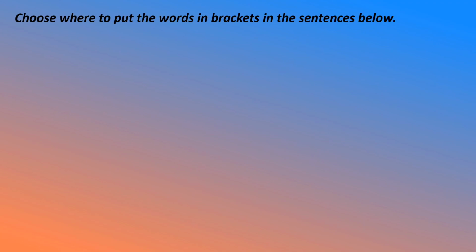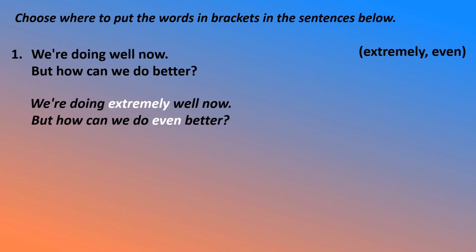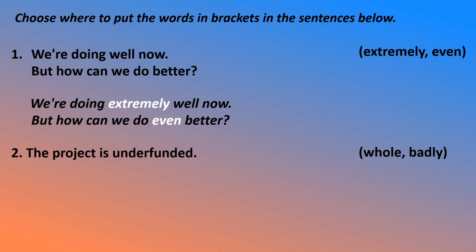Now you try it. Choose where to put the words in brackets in the sentence below. Number 1, we're doing well now, but how can we do better? Extremely, even. We're doing extremely well now, but how can we do even better? Number 2, the whole project is underfunded.